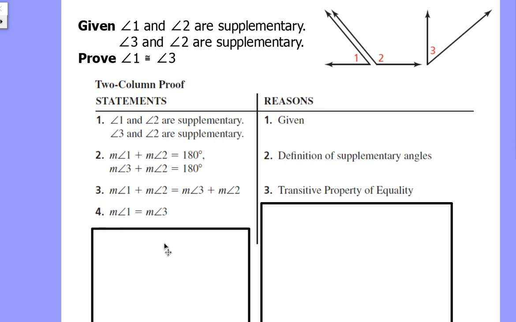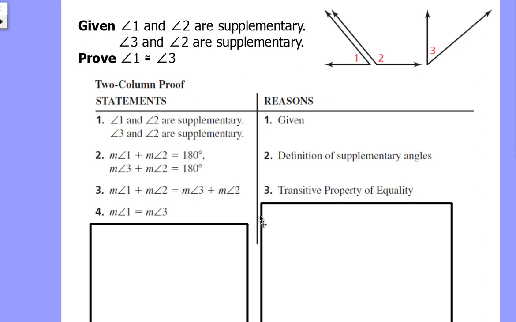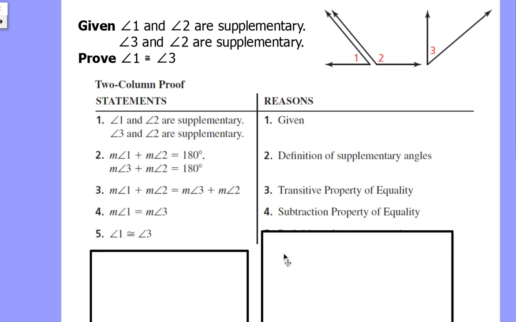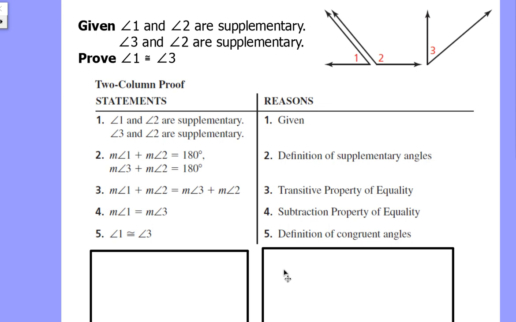So if I simply get rid of, and of course we know it's not magically getting rid of it, but subtracting 2 on both sides, I did not change the truth value, but now I know that the measure of 1 is equal to the measure of 3. And by the definition of congruent angles, when they have equal measures, they are congruent in figure. And so that is our proof of the congruent supplements theorem.